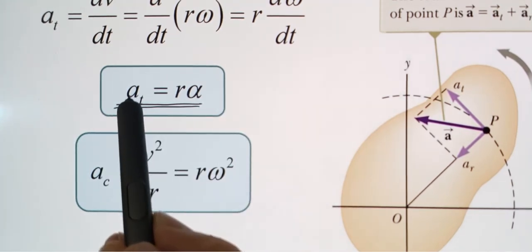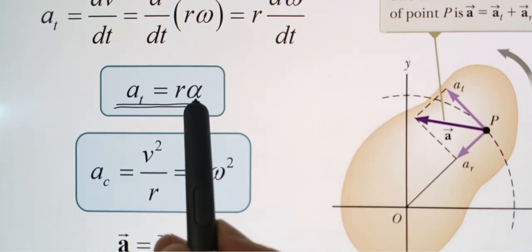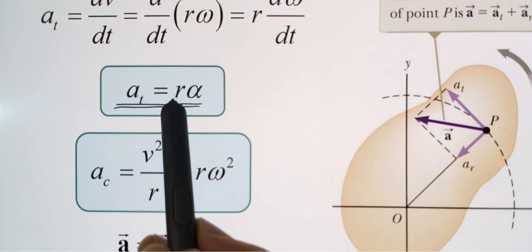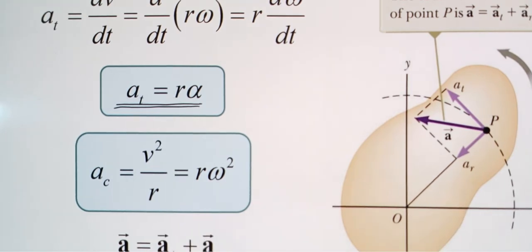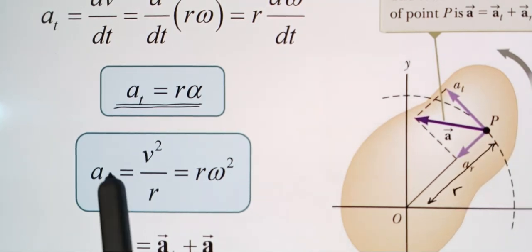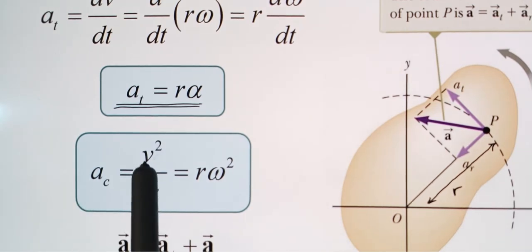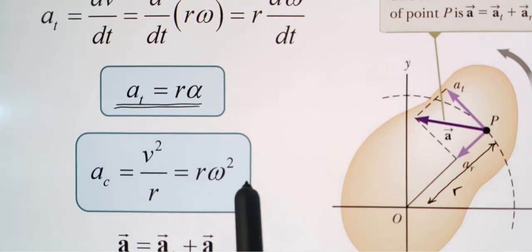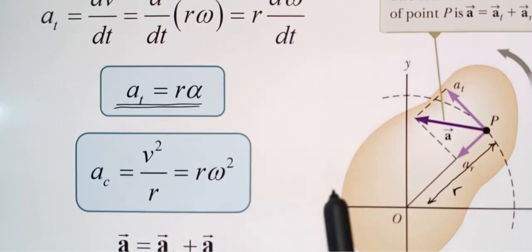Linear acceleration is equal angular acceleration multiplied by the radius. And the radius is from this point to the origin. So all of this is r. What is the centripetal acceleration? Well, centripetal acceleration, we took it before, it's v square over r, or it's r omega square.